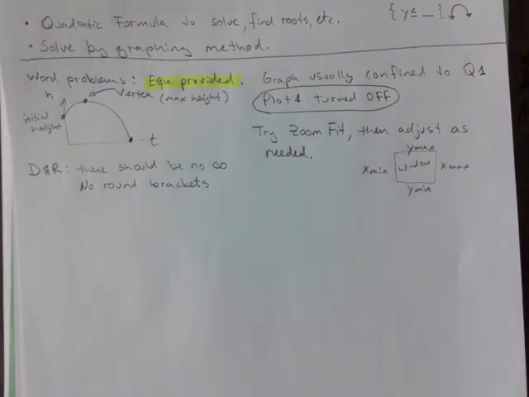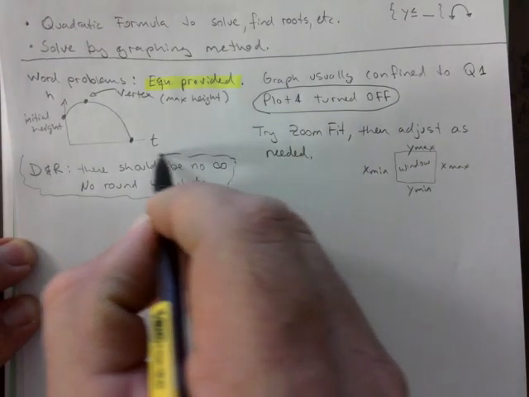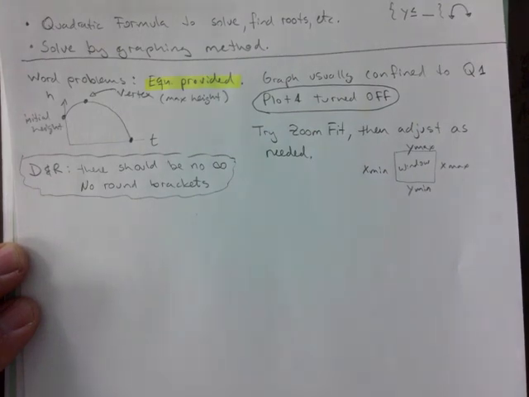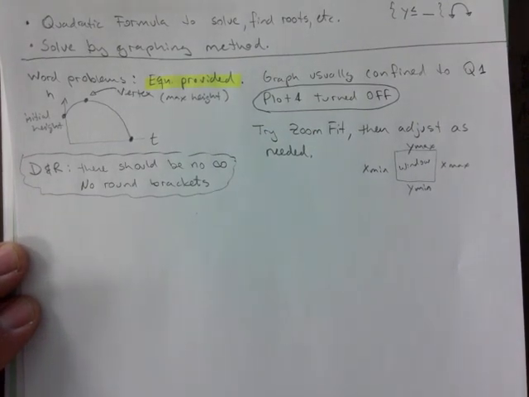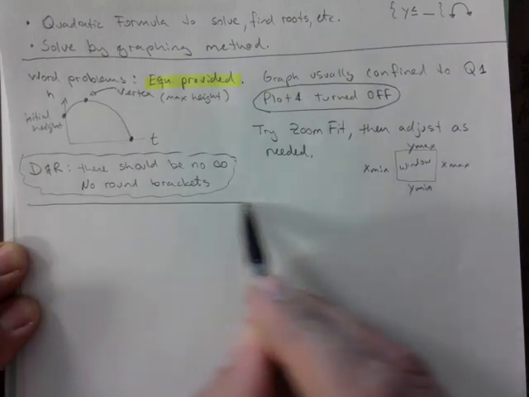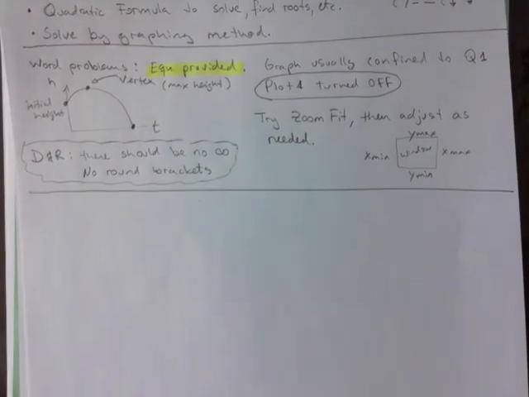So this is just an aside here. What else can I say about that? Show keystrokes for everything. I don't think I need to write that down. It's just a given. Okay, that's it for word problems. Then you have your regressions.